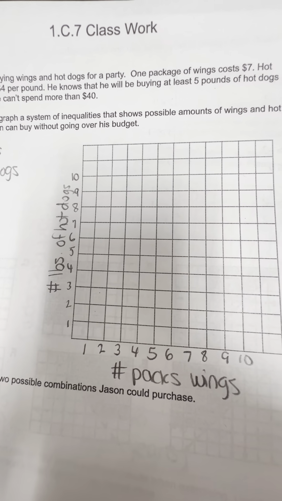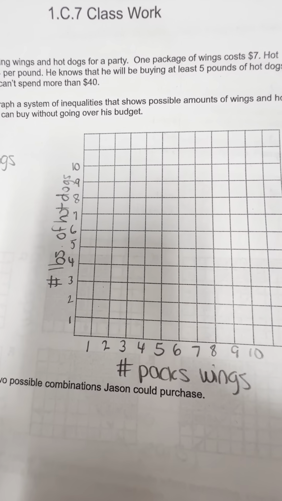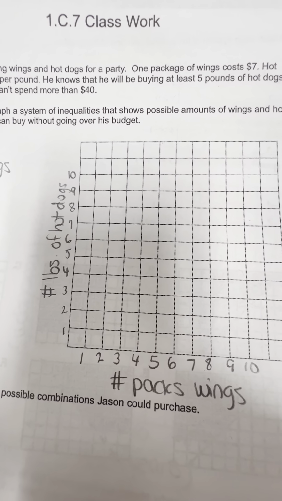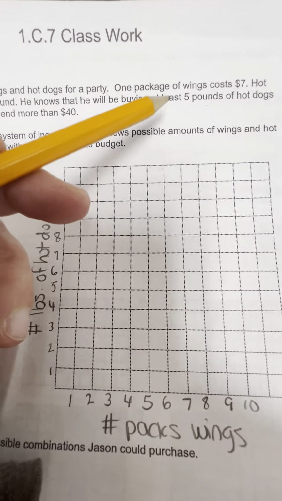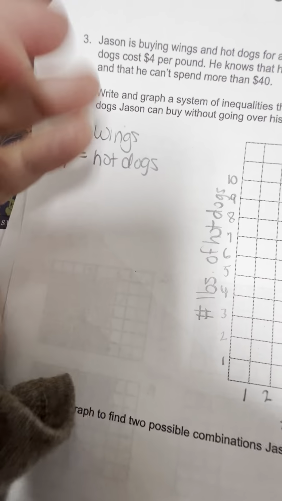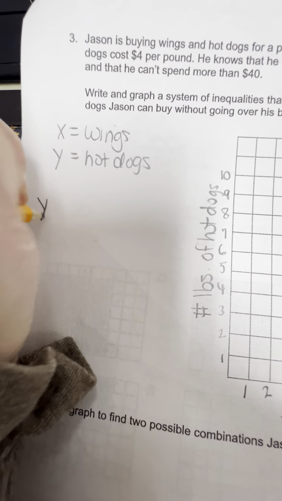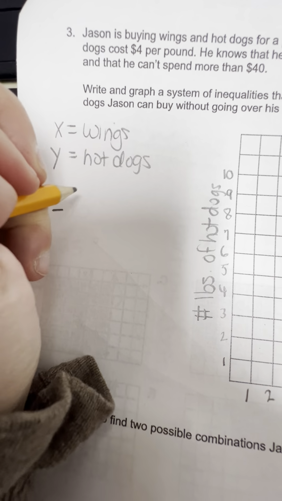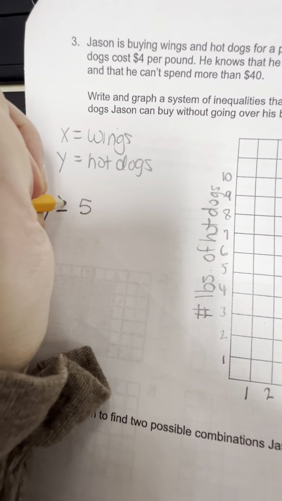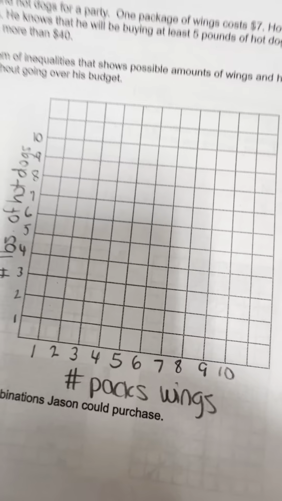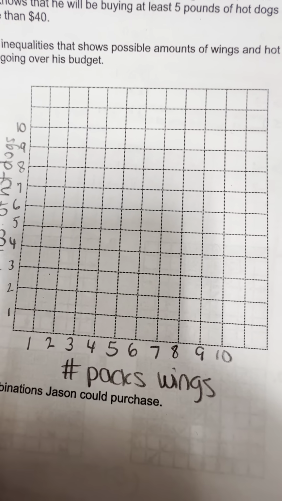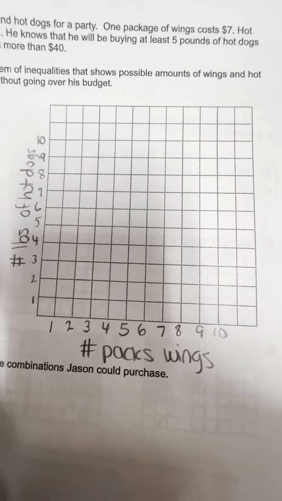Okay. So let's focus on the first thing. One thing that we do know for sure is that he will be buying at least 5 pounds of hot dogs. So we know that hot dogs are Y. He can be buying 5 exactly, or he can be buying more because it says at least. So no matter what, we are going to be on a flat, no slope line of 5.